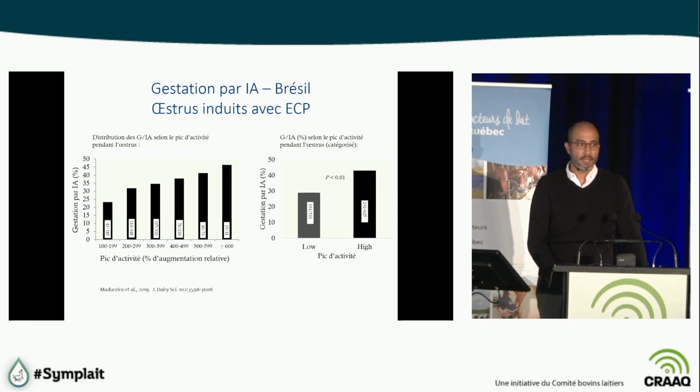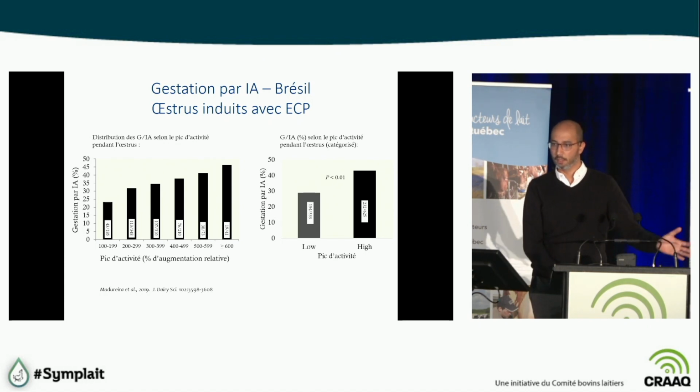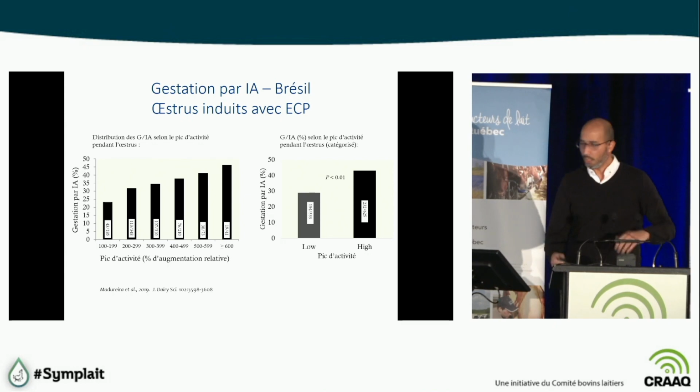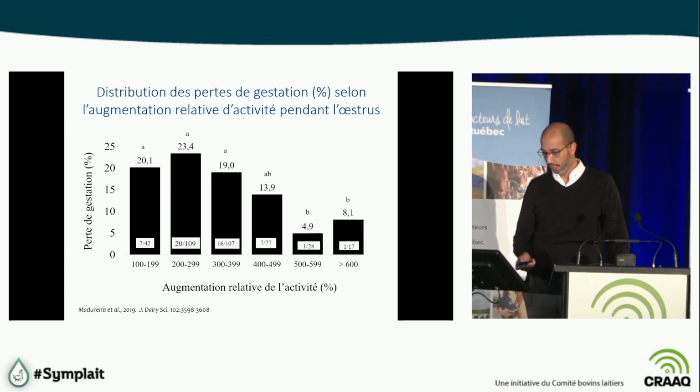The most striking thing is that we did studies in BC, Ontario, Germany, and Brazil, and they all follow more or less the same trend in the difference between high and low intensity. You have this 10 to 12 percentage units more, which is a lot when you consider you're talking about 30% pregnancy rates, or 35% conception rates.